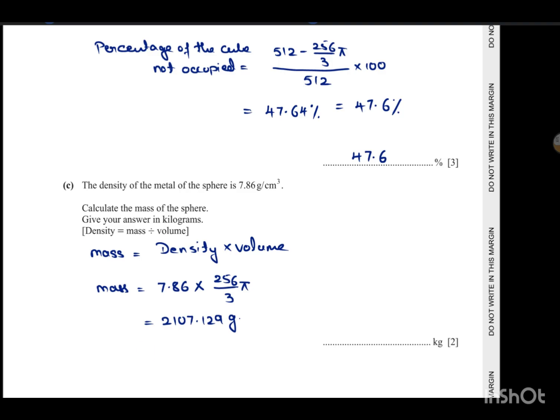So to get the answer in kilograms, divide by 1000. The point shifts 3 digits left. So it is 2.107129 kilograms. Make it 2.107 with 3 decimal places. That is enough. So it is 2.107 kilograms.